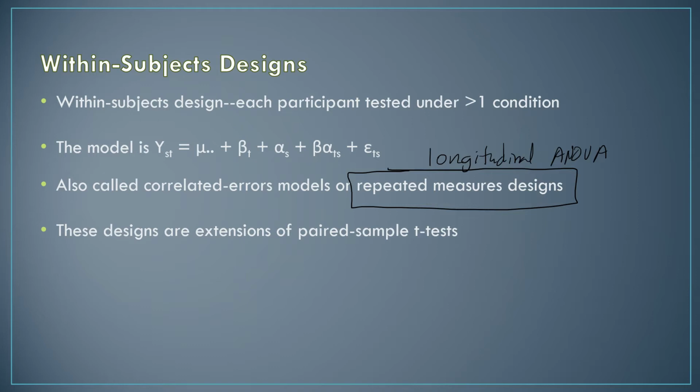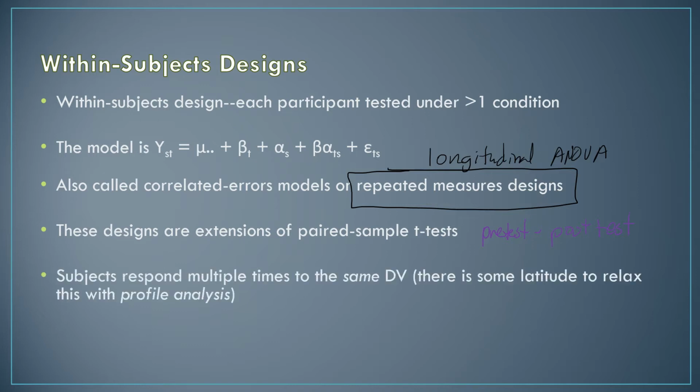Whereas with the within subjects design, it's like a paired sample t-test, where we use a paired sample t-test for a pre-test, post-test comparison. And this is where every participant is in both groups. It's both in the pretest and in the post-test. But now we have 3 or more of these groups to be able to do this within subjects designs ANOVA.